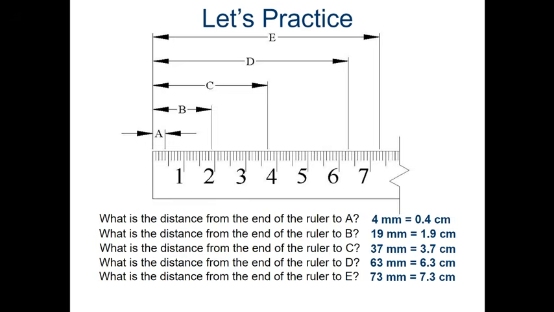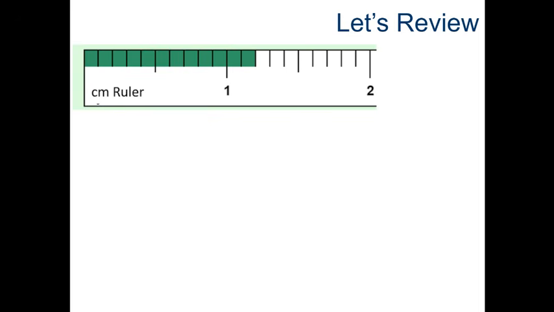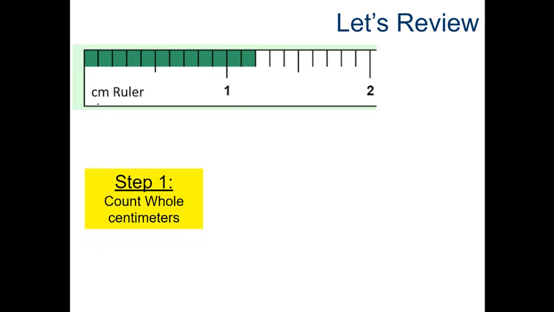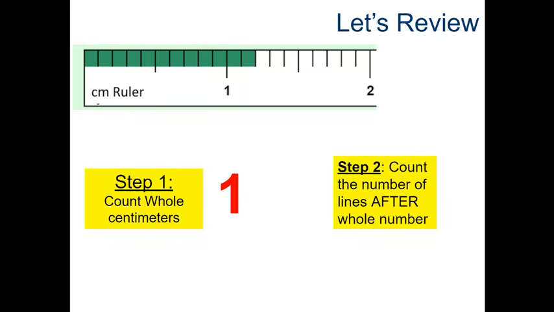Okay, so let's review. So again, if we look at our dashed line, step 1 is to count our whole centimeters. So our whole centimeters is 1. Step 2 is to count the number of lines after that whole number.